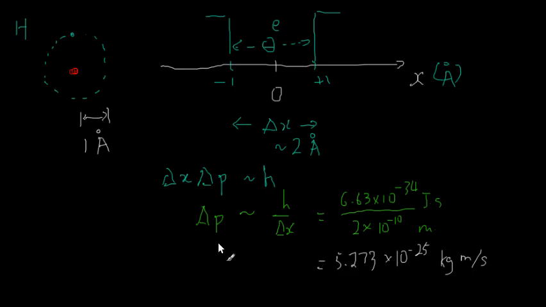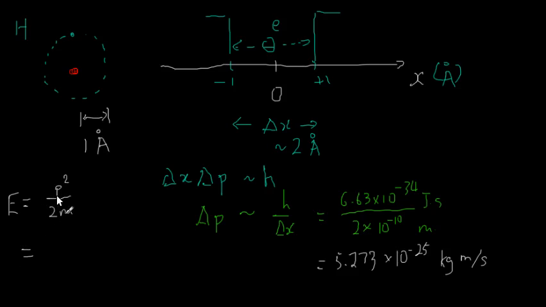Now from this range of momenta, I would like to find the maximum energy that this electron would have. I would need a little bit more detail about these numbers. I would calculate the energy by calculating the maximum kinetic energy, p squared over 2m.